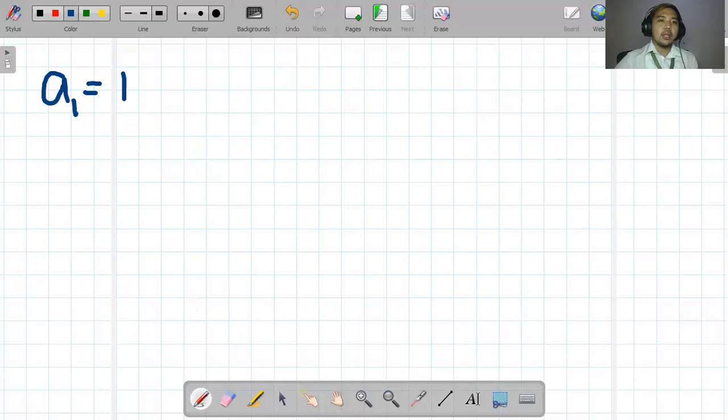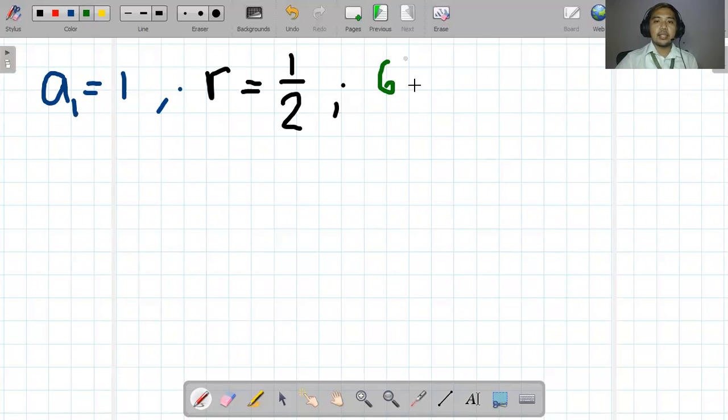And then the common ratio, shall we say it's 1/2, a fraction. Then you are asked to find the sixth term, ang ikaunom. So we're looking for a sub 6, okay?